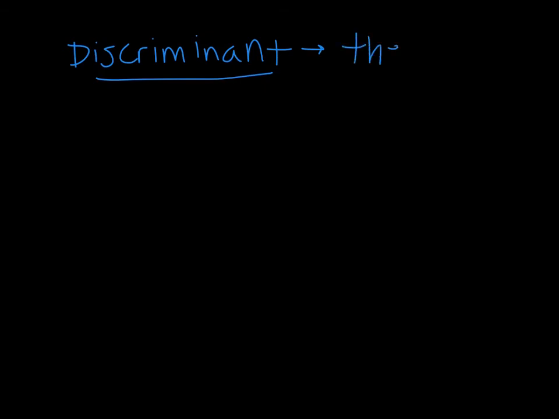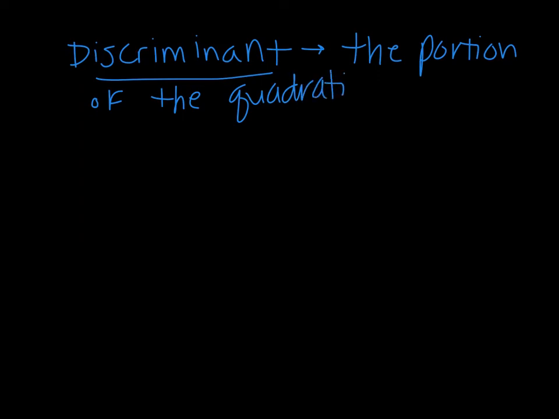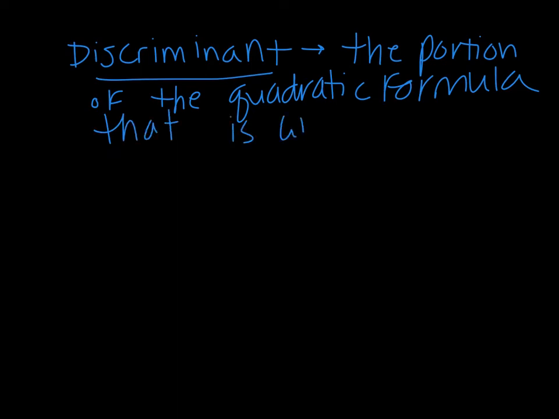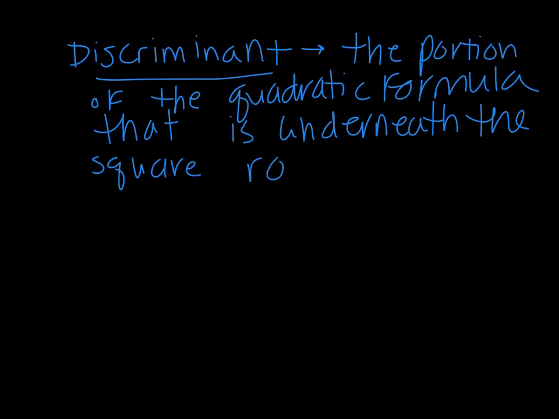So the discriminant is the portion of the quadratic formula that is underneath the square root. So if you look back at what the formula is, the part that's underneath the square root is b squared minus 4 times a times c.